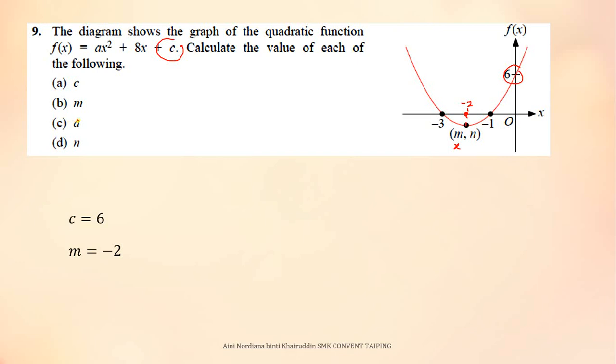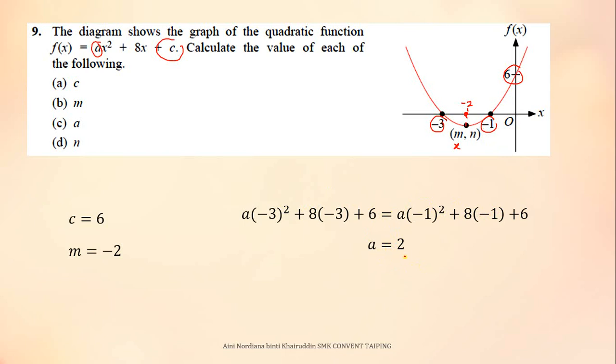For value a here, you substitute the value of x here with negative 3 and negative 1. So just solve this and then you will get the value of a.